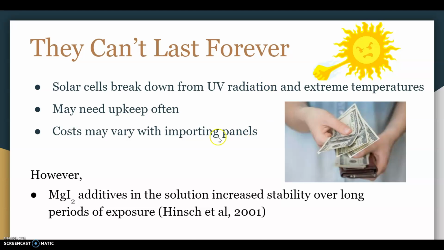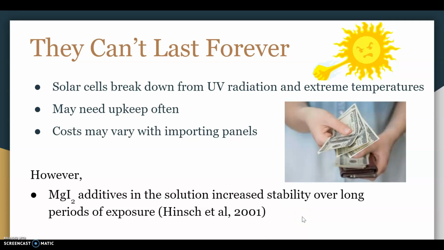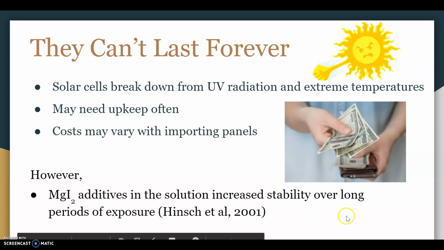But the same people who found the voltage we used also found that adding magnesium iodide additives to the electrolyte solution provided some stability and made them last longer, which is good.